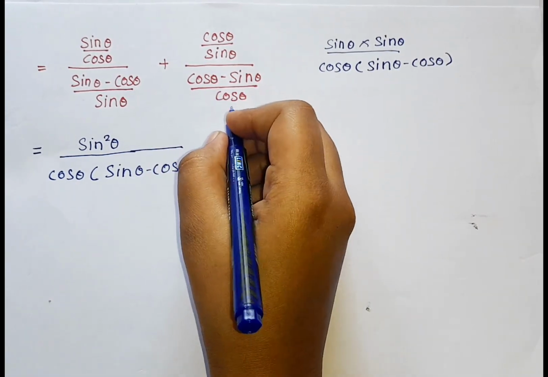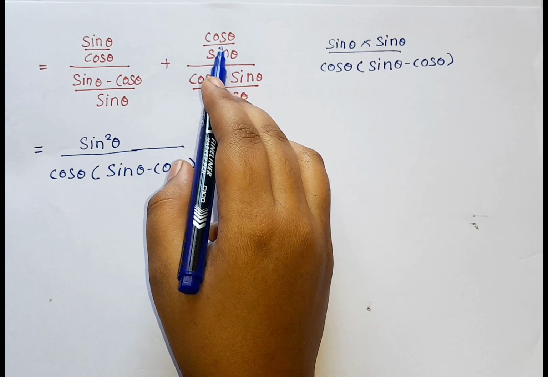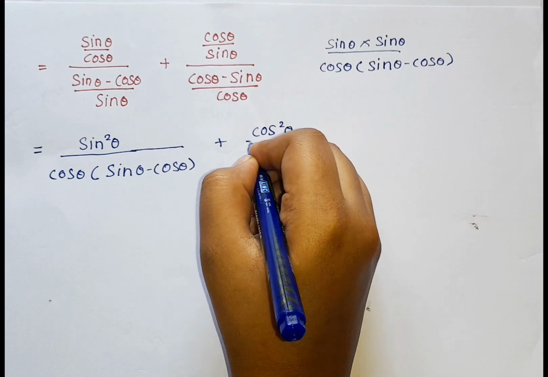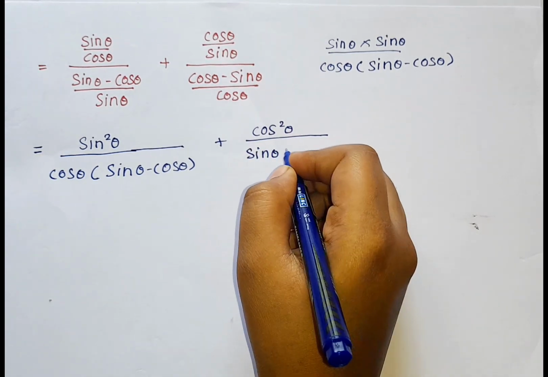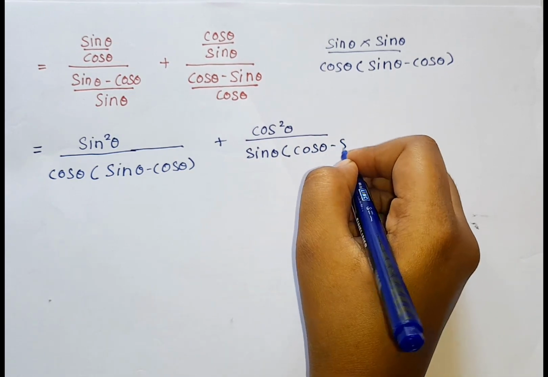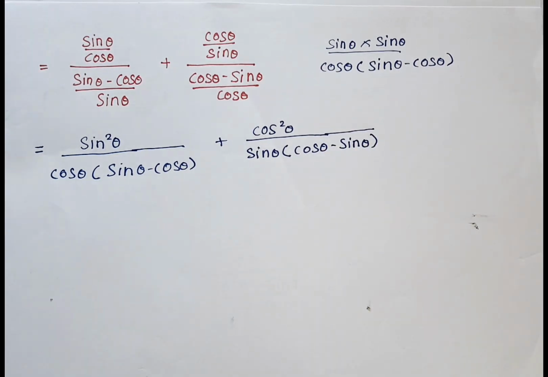Here when we take reciprocal, we have cos theta into cos theta, which is cos square theta, divided by sin theta bracket cos theta minus sin theta. We'll have something like this.